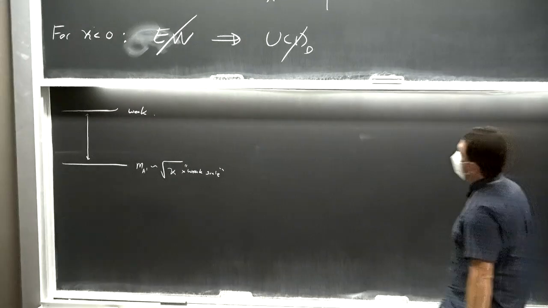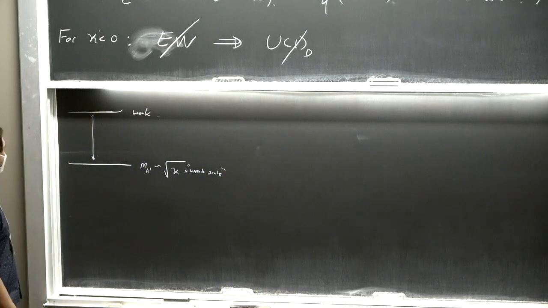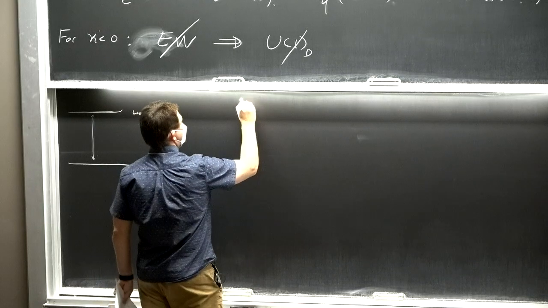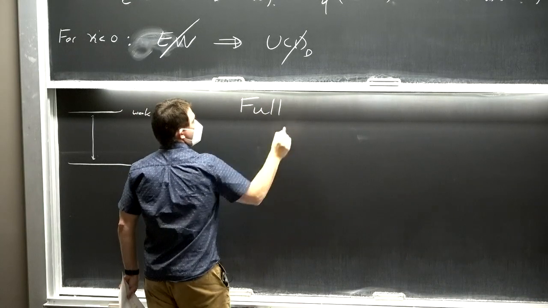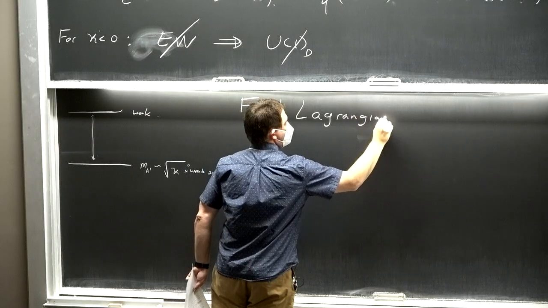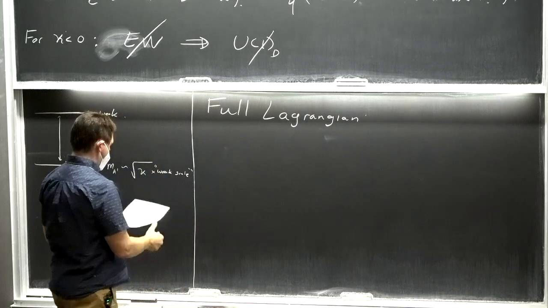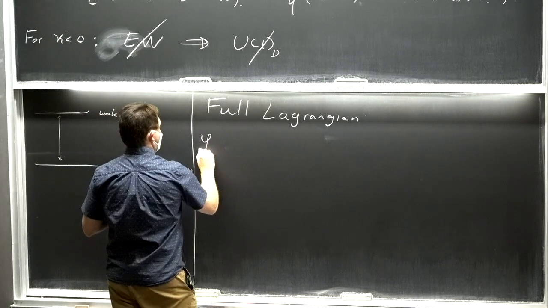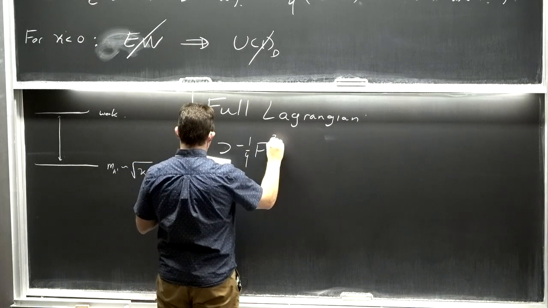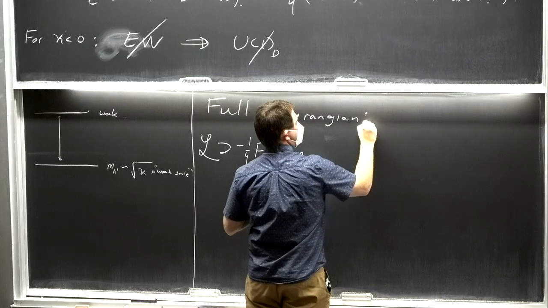And this is the setup for writing out the more complete dark photon plus dark Higgs model. So the full Lagrangian, just to write it. So first, just the ingredients, right?